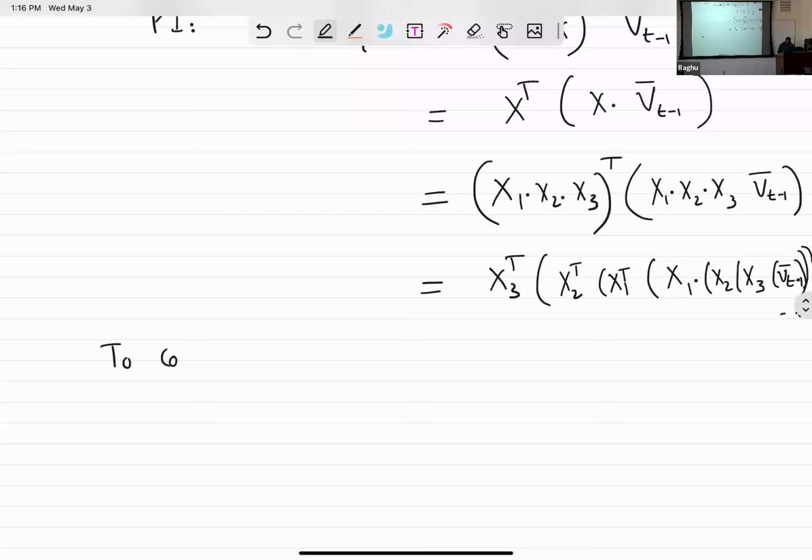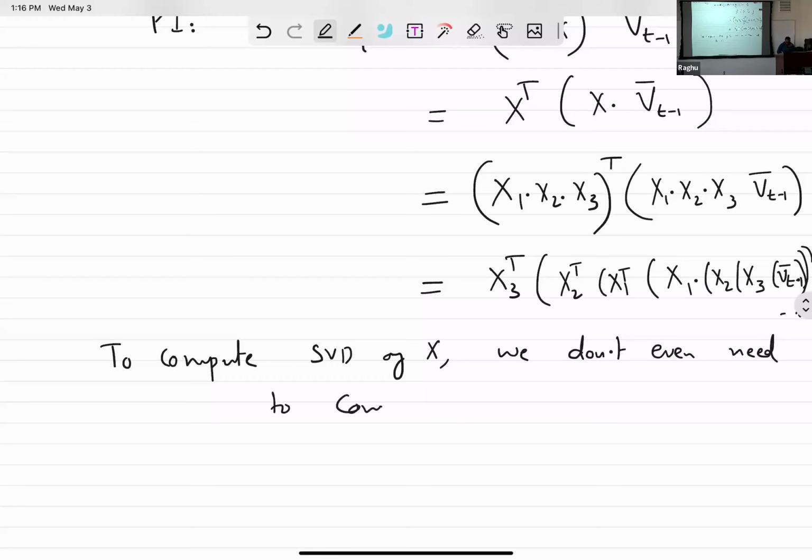So to compute the first singular vector of x, we don't even need to compute x. Because all I have to do is follow this chain.